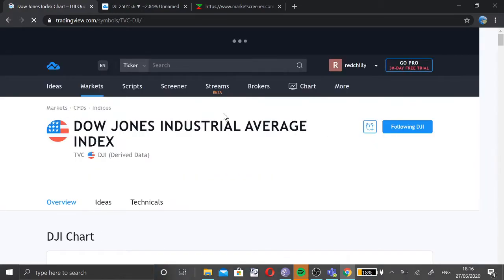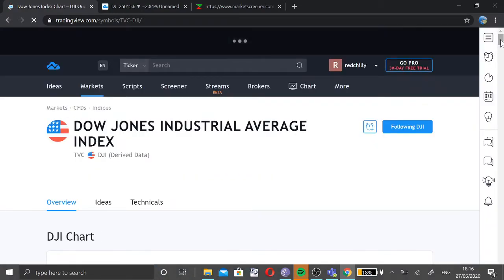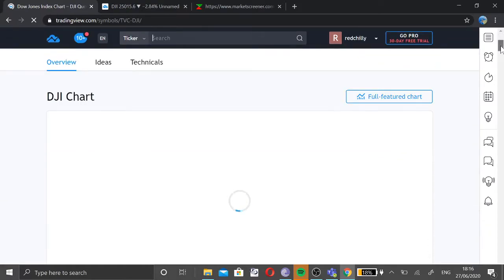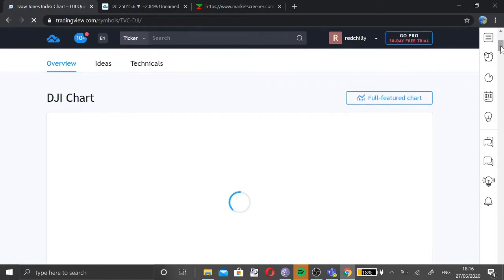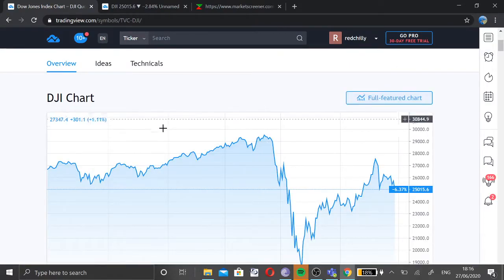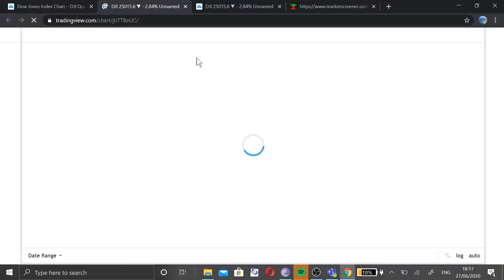Once you have done that, you can go on the full featured chart. The basic chart shown here is just a line chart. However, if you want a full featured chart for technical analysis, you need to click on this particular tab.